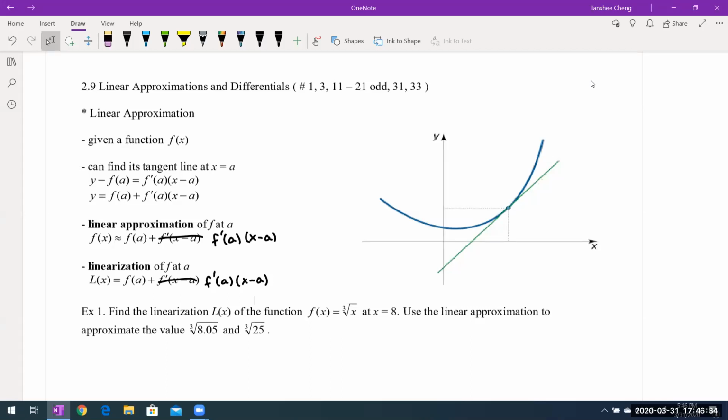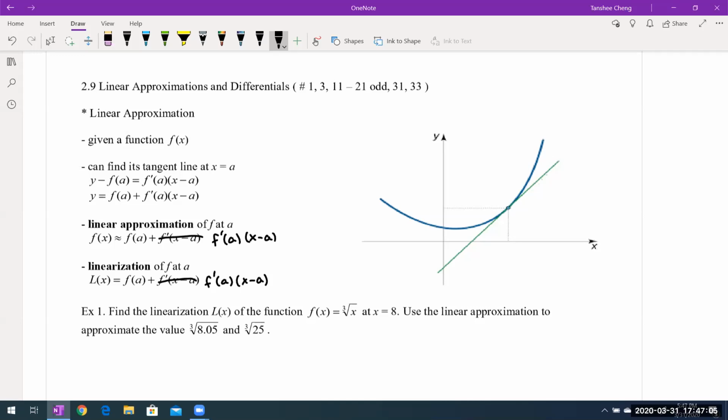The first thing I want to do is fix my typo in the printing. Notice that right here, in the linear approximations, I made a typo. So make sure you cross it out, and the equation should be f of a plus f prime of a times x minus a, which is the equation of the tangent line.